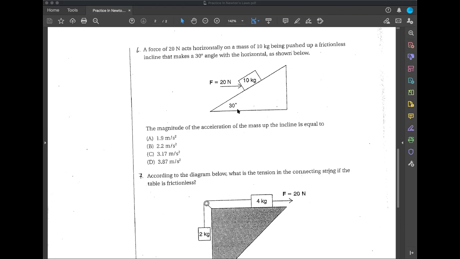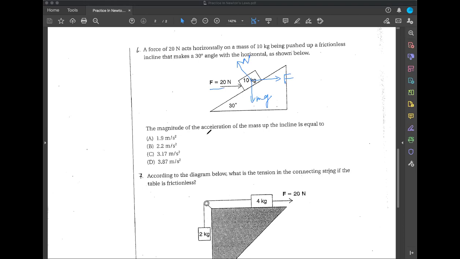So obviously, we need to analyze the block here, right? Starting from the weight, mg. What else? Normal force, right? And this force, I just draw from the center, F, right? I think these are the 3 forces acting on this object.